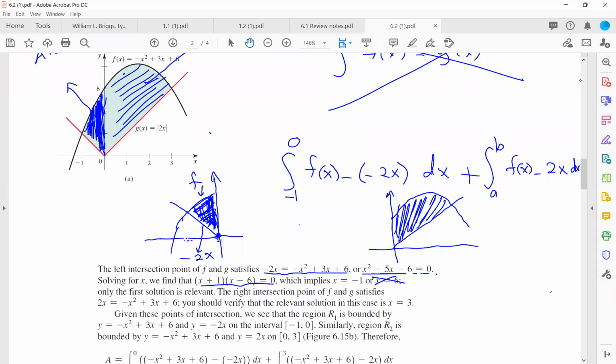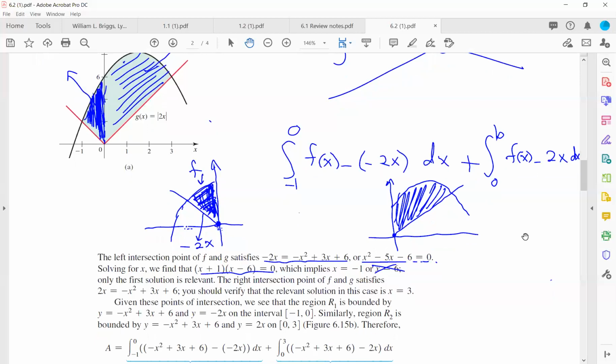You can actually see your a, or lower bound, is where x is 0. So your a is 0. Now you need to find your b. How to find b? You set function f equals to 2x.